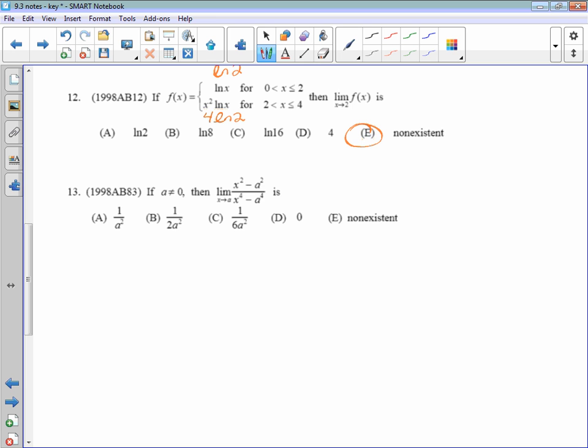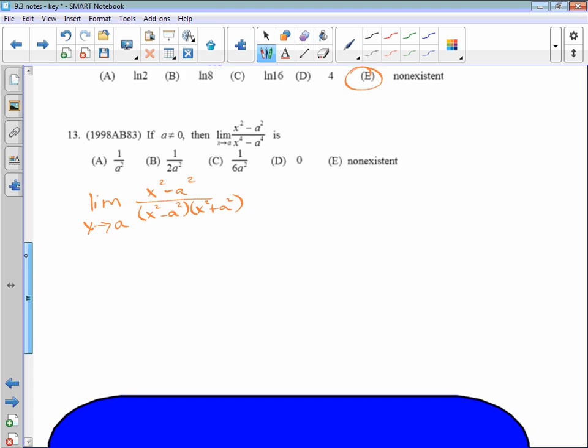All right, guys. Let me start going through it for you. Everyone understands we can't just plug it in, right? Okay. I'm actually not going to factor the numerator just because I can see what's going to happen in the denominator. Do you guys see how it's difference of squares in the denominator? Okay.